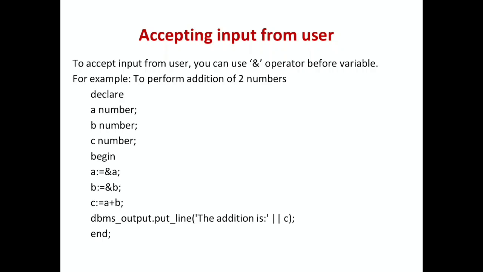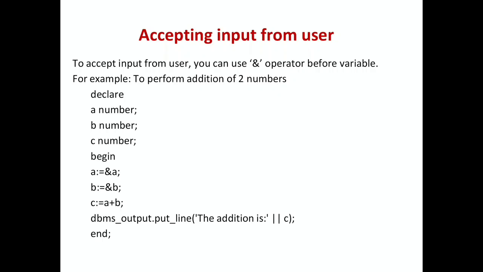See what I have written, A colon equal to ampersand A, meaning I am going to take the value of A from the user and store it into A. Same thing, B colon equal to ampersand B. Then the actual logic is C colon equal to A plus B. Here, the A and B values are added and stored into C.